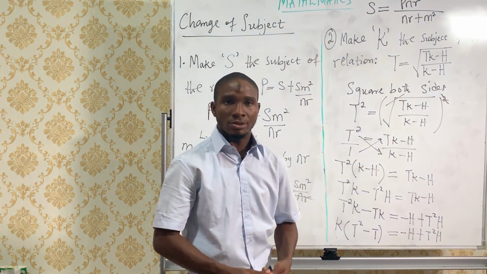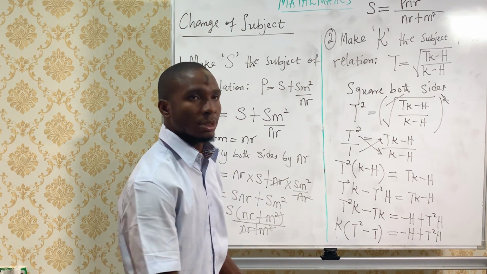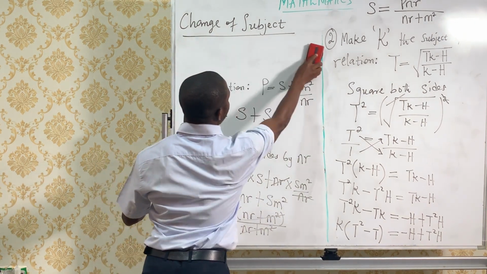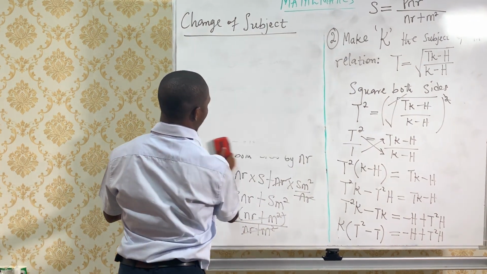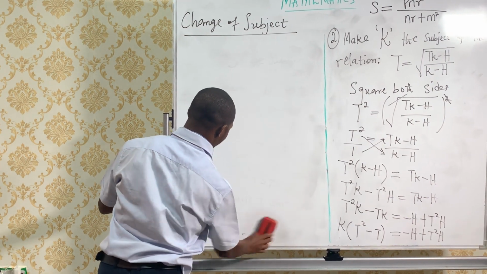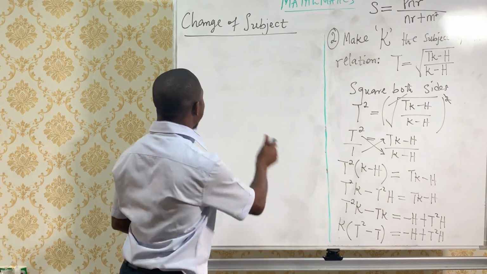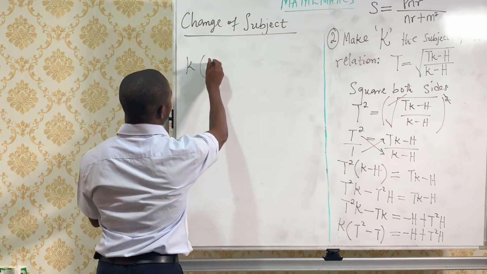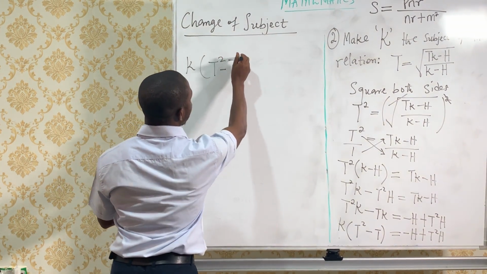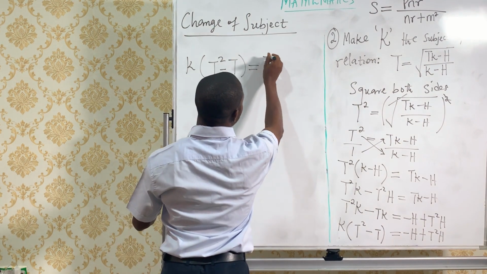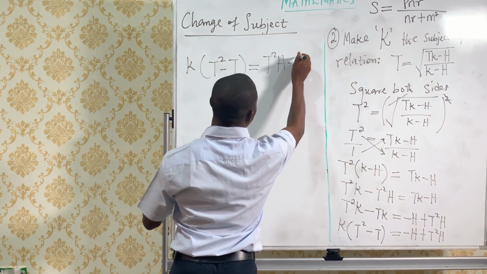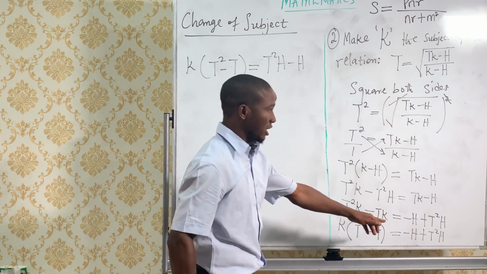So we can continue at the other side of the board. Now, K has a coefficient, which is T squared minus T, equals T squared H minus H. This has been rearranged.